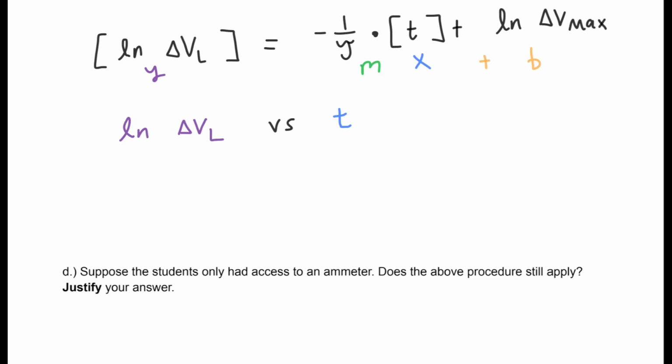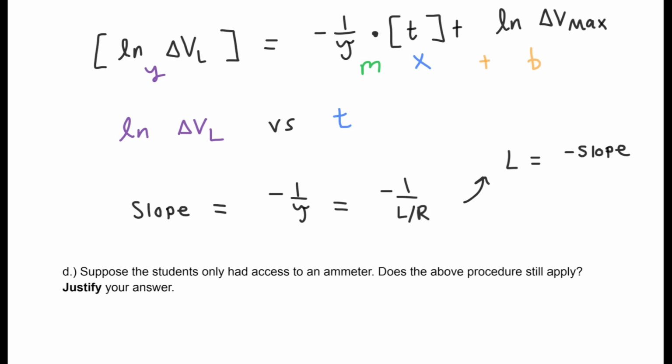So we know that the slope of this graph would be equal to negative 1 over tau. But tau in an L over R circuit is L over R. So this means if we're solving for our inductance L, we could just get that inductance L by taking the negative of the slope.